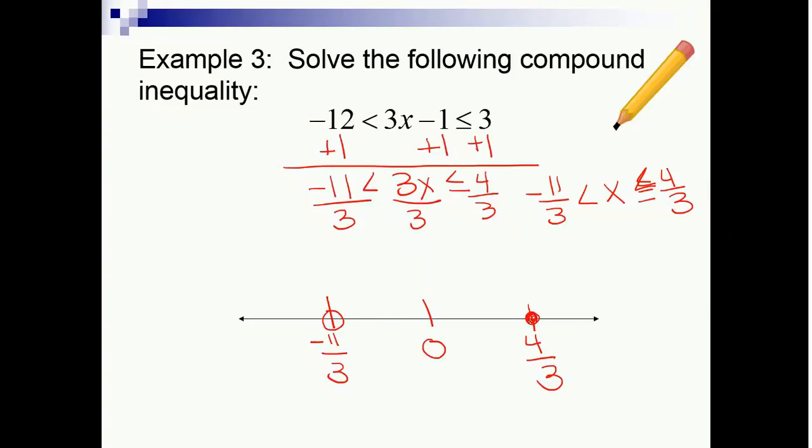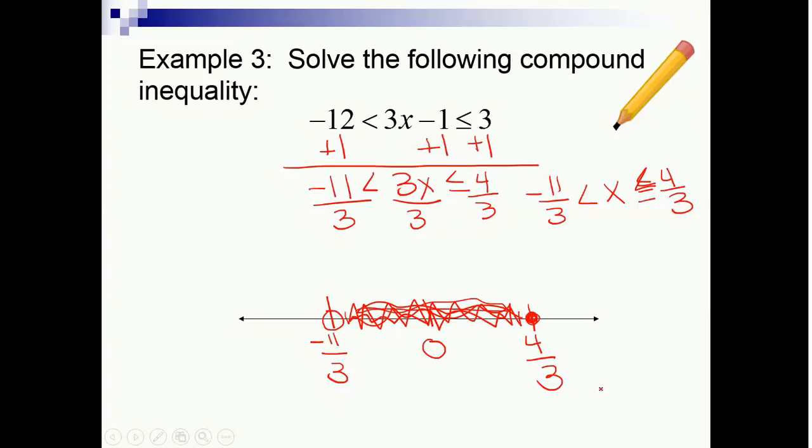So I'm first going to fill in my dots. Now I got to figure out which way I'm shading. So I'm going to read from the variable on this side. X is greater than negative 11/3. Well, if it's greater than, it has to go this way, right? X is less than or equal to 4/3. Well, if it's less than, it's got to go this way. Notice how they're bouncing in between each other there.